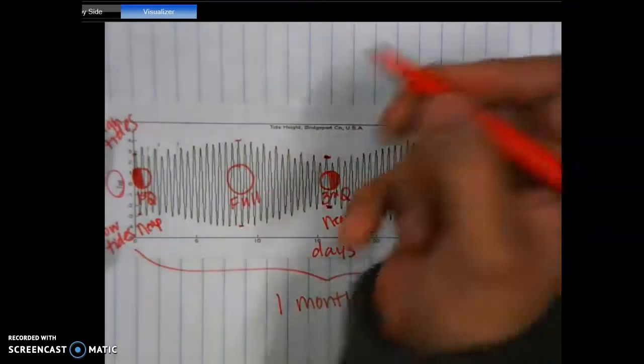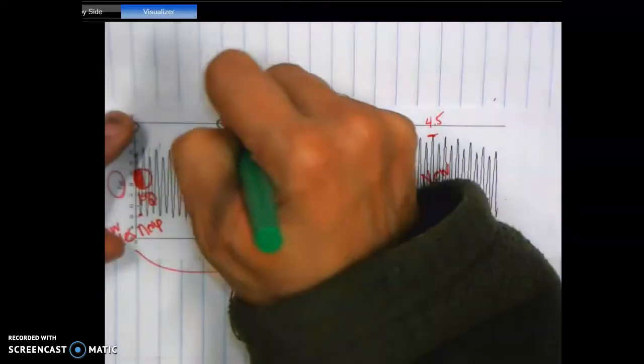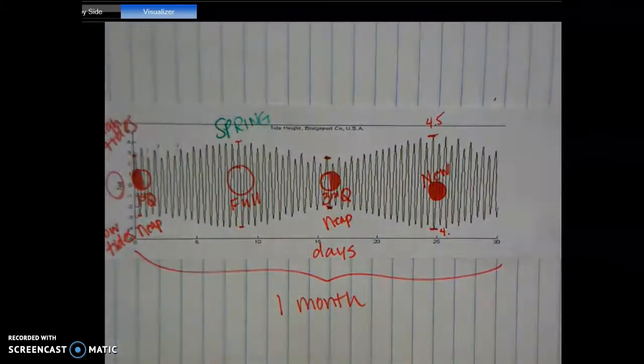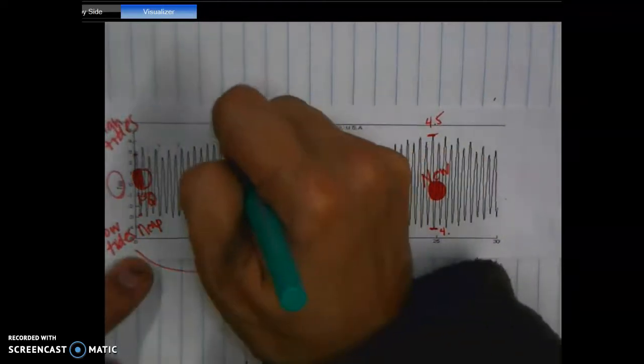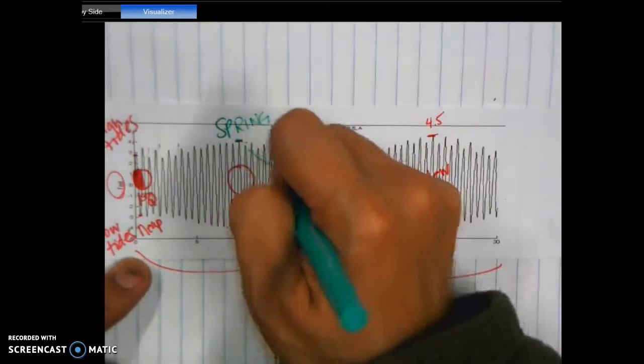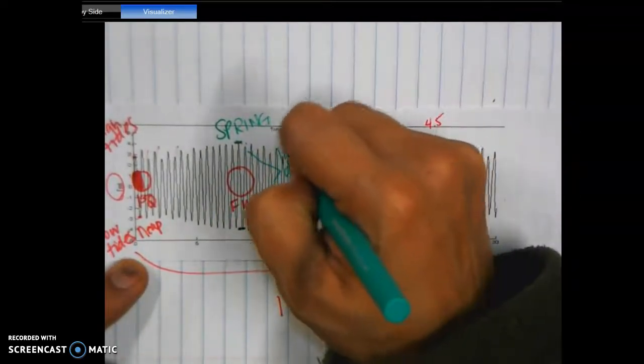And then over here you've got our spring tides. Again, I like to think of our spring tides just like a spring, it kind of leaps off. There are super high tides up here and super low tides. There is a very large difference right here between the high tide and a low tide.